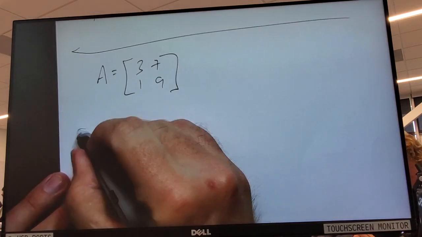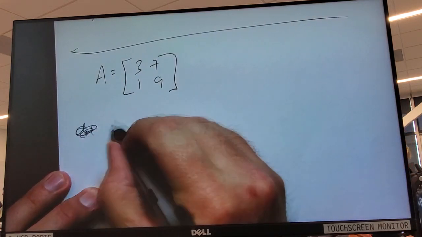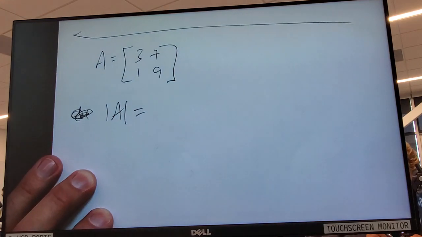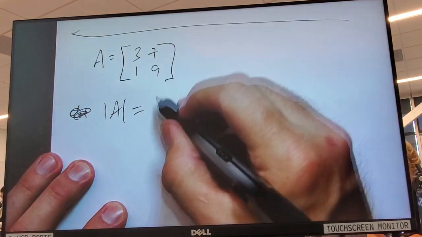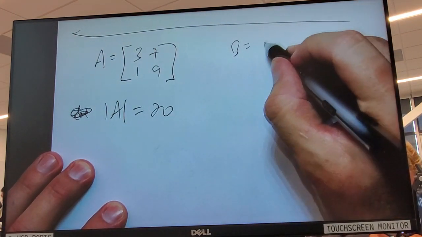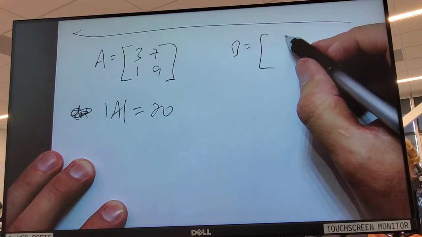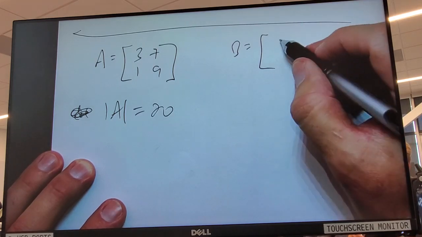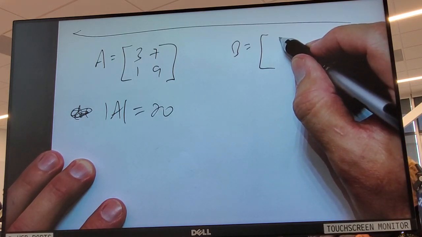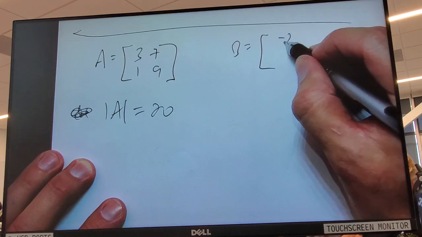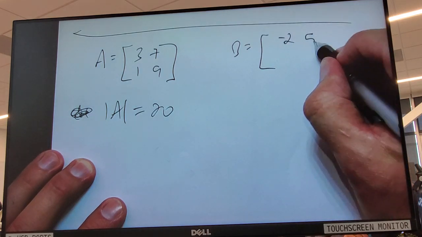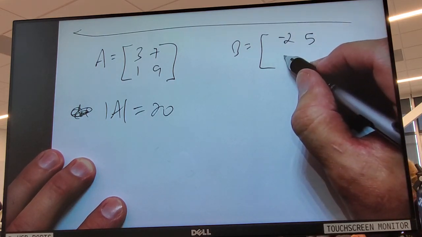Okay. So what is the determinant of this matrix, though? Let me write it like, yeah, 27 minus 7, so 20. All right, somebody else give me two numbers. Maybe one of them negative, not too bad. Negative 2, 5? Okay, somebody else, go for it.